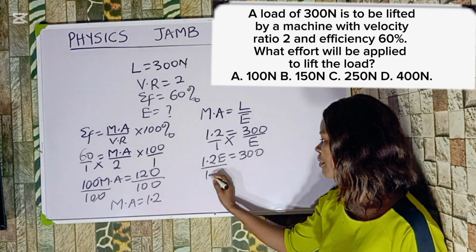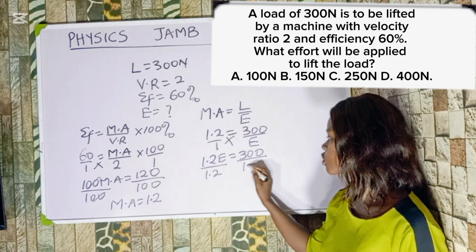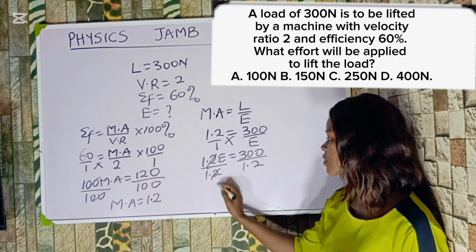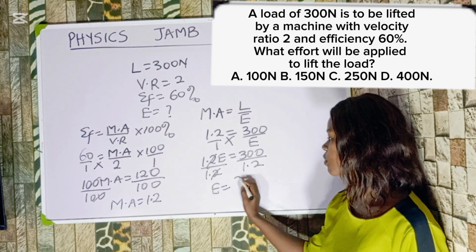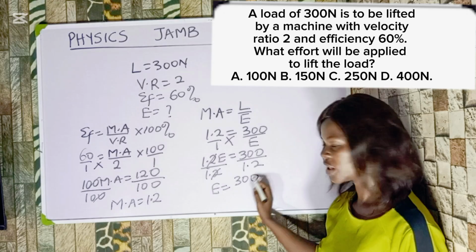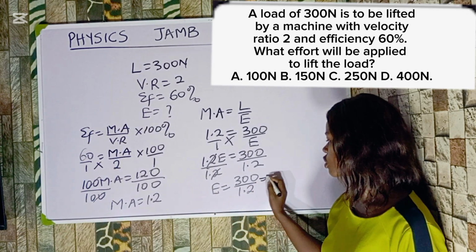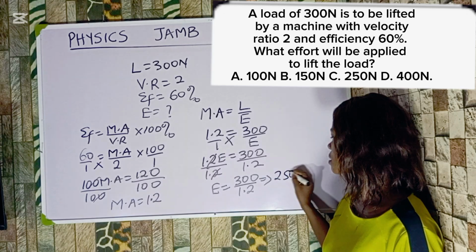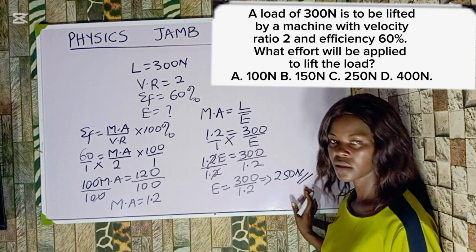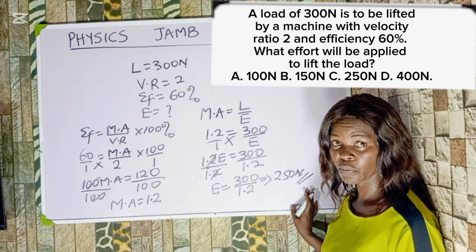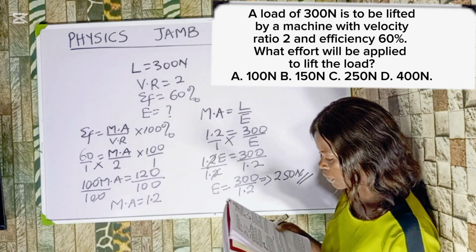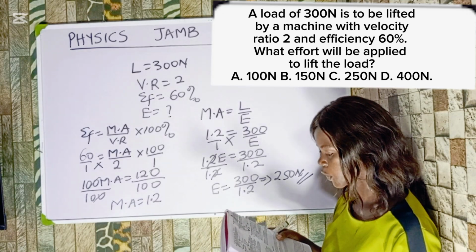And divide both sides by 1.2. This cancels this. So E is equal to 300 divided by 1.2, which is going to give us 250 Newton. You can now see how I solved it clearly now. I hope that is clear. From what we've got so far, the correct option is option C.